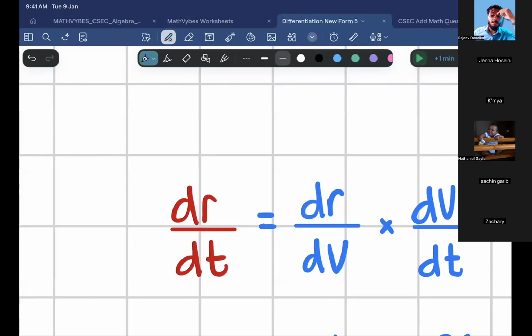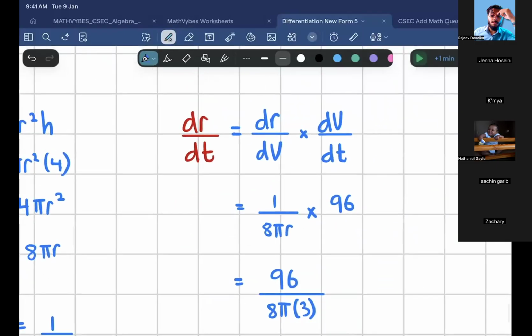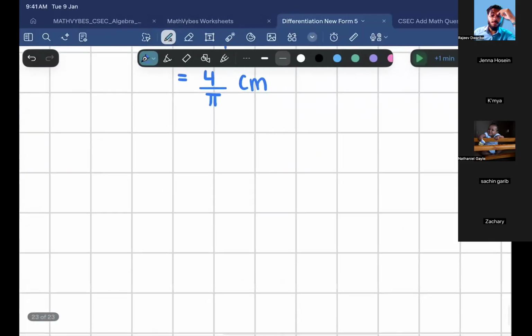It's just one dimension, because you measure it in a straight line, so that'll be centimeters. Area is two dimensions, so that'll be centimeters squared. Volume is three dimensions, so that'll be centimeters cubed. Radius is just centimeters, and so it'll be centimeters per what? Per second. Right, centimeters per second.